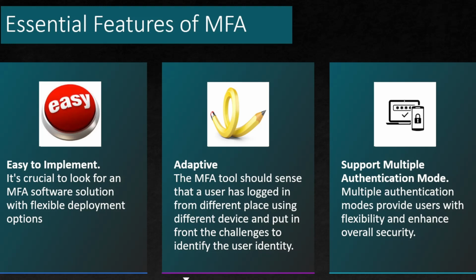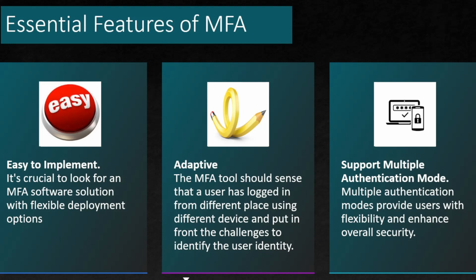Now, to address this challenge, organizations should always look for an MFA software that's got flexible deployment options. That is, it can be deployed to support both on-premises and cloud-based environments. And this kind of flexibility is going to make deployment a lot easier.